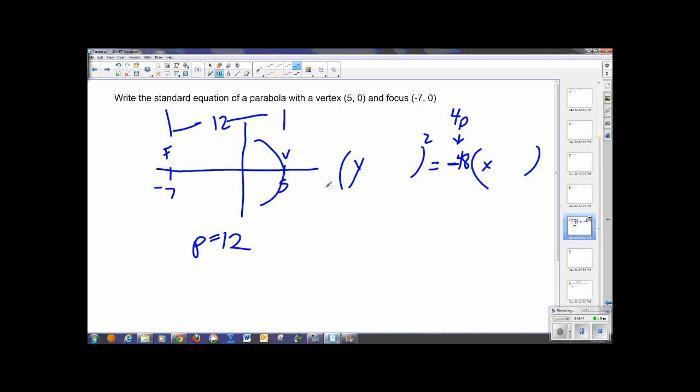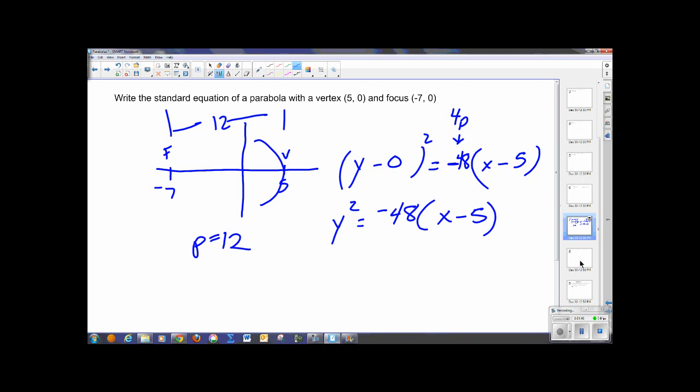My x value is 5 over, so that's -5. My y value is 0 up, so -0. So we get y squared is equal to -48 times the quantity x minus 5. And that's the equation of that parabola.